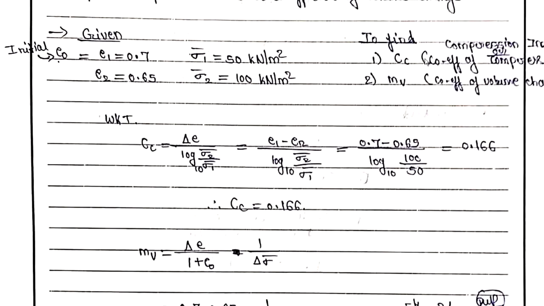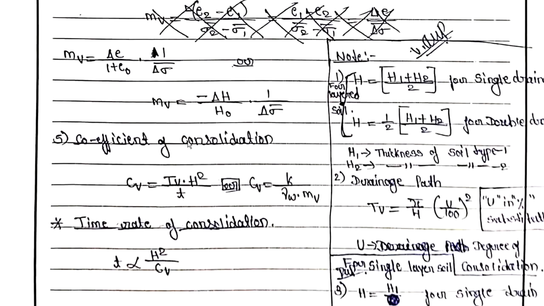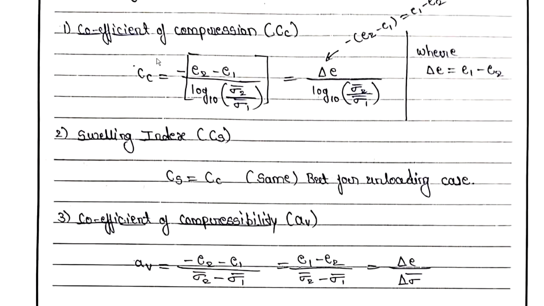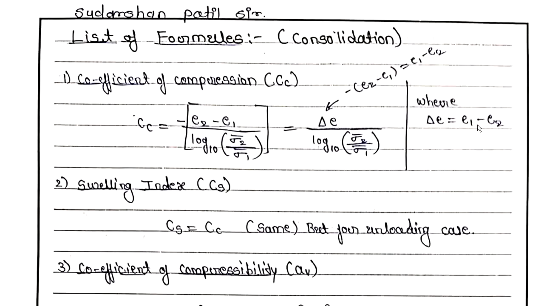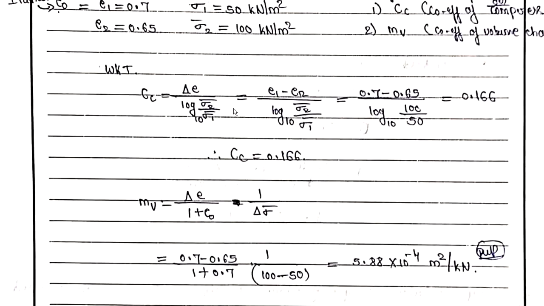After this, what we have to find? We have to find out Cc and mv. To find out Cc, we have the formula like this. Cc is equal to delta e divided by log 10 to the base sigma 2 dash divided by sigma 1 dash, where delta e is equal to e1 minus e2. So you can see I have written the same formula over here.